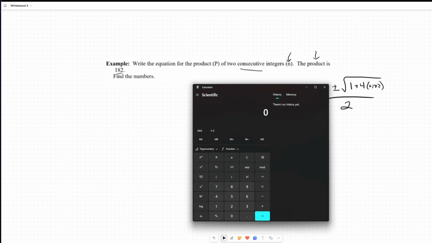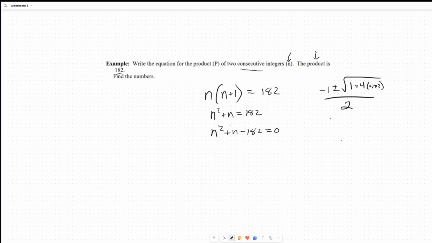Take a 4, and I'm going to multiply that by my 182 to get 728. Add 1 to that, I get 729. Take the square root, I get 27. So I have a negative 1 here, plus or minus the 27 that I got when I took the square root, divided by 2.